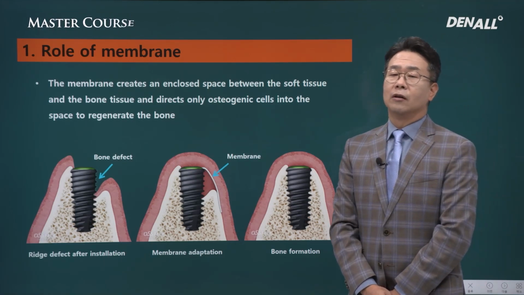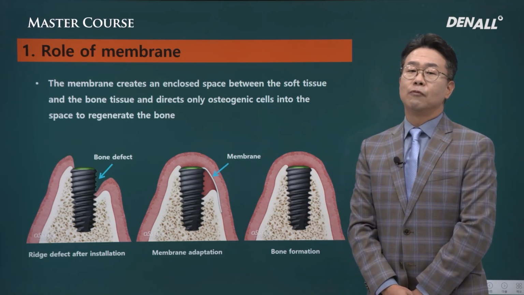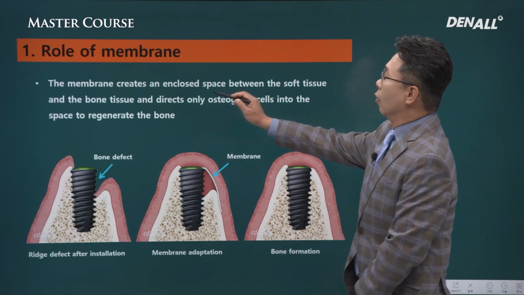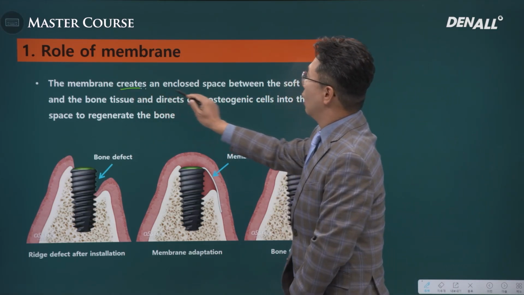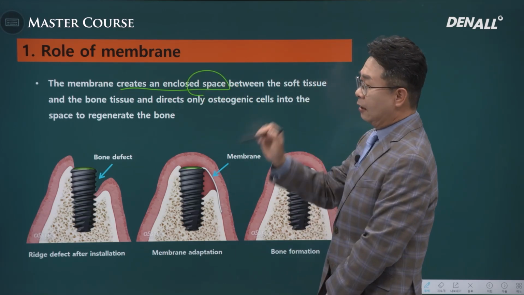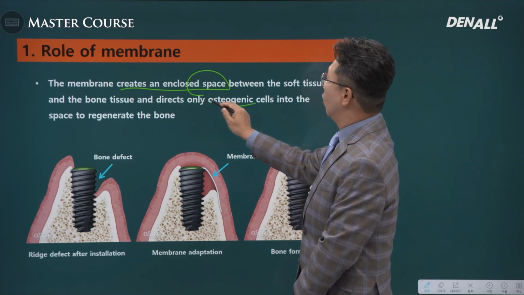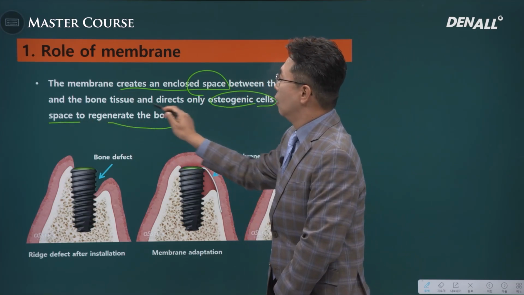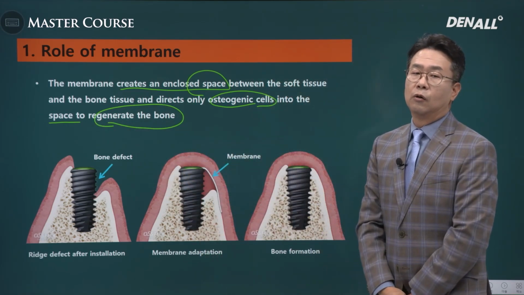The role of membrane. I'm sure you've heard of it when you were studying in school or in other lectures. The membrane creates an enclosed space between the soft tissue and the bone tissue and directs only osteogenic cells into the space to regenerate the bone.